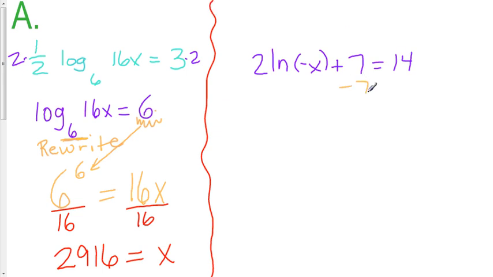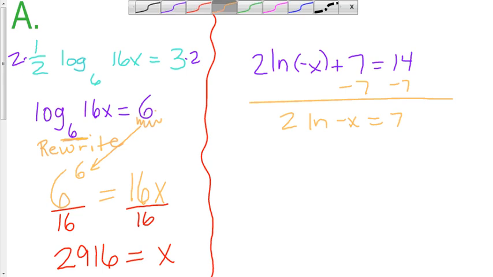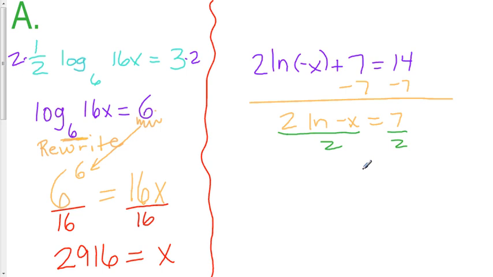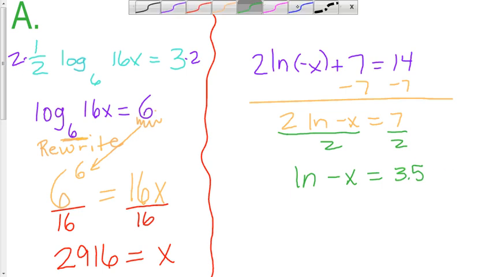First thing, subtract 7, and you will have 2 ln of negative x equals 7. Then we would divide by 2 to get ln of negative x equals 3.5. And then just like with the previous one, we need to rewrite as an exponential equation because we see ln.